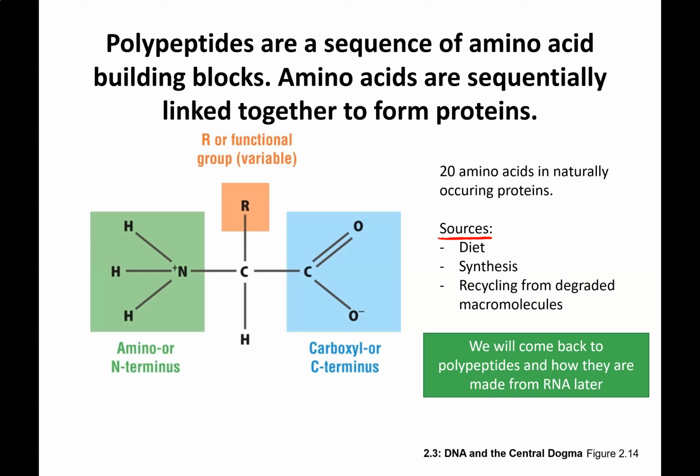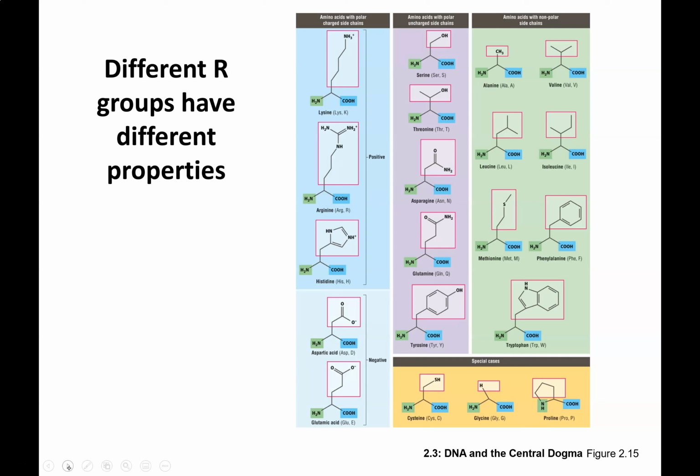So we'll talk in more detail about how we actually make polypeptides from RNA. The whole process of transcription gets its own chapter, so we'll talk about that a little bit later. This picture shows the different R groups and the different types of R groups we have. So each of the R groups gives different properties to the protein that they are a part of.